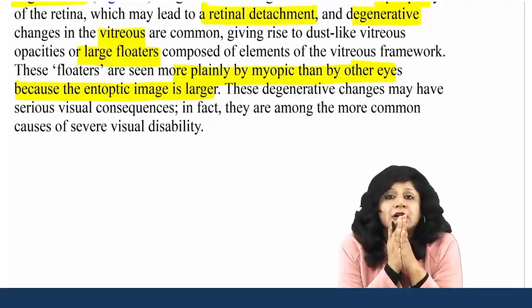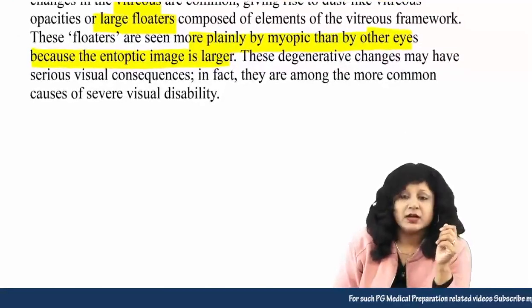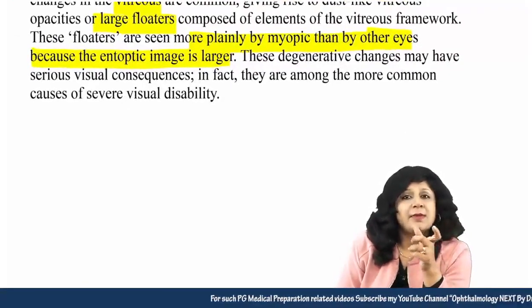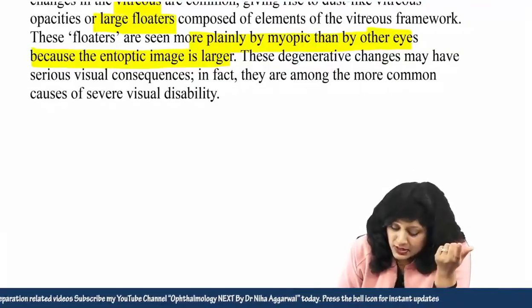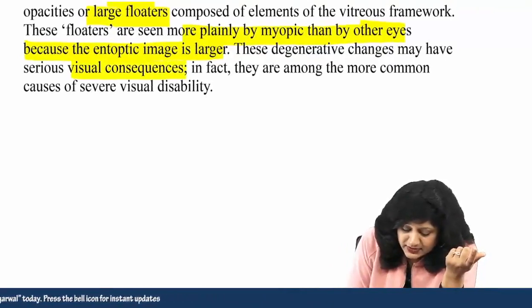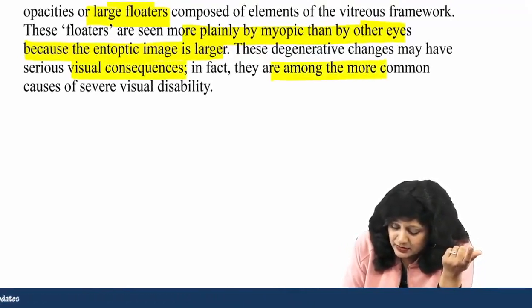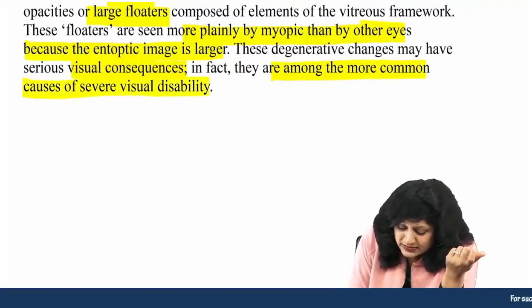Other eyes may have entoptic phenomena too. These degenerative changes may have serious visual consequences, and they are among the more common causes of severe visual disability.